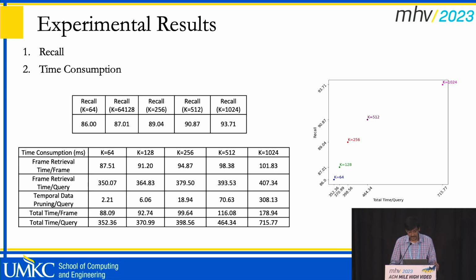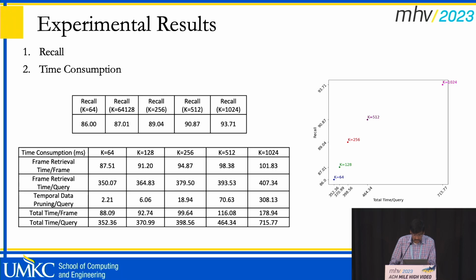Per query means, in our case, 4 frames because we represent the query as 4 frames, so per query it takes about 393 milliseconds, and the temporal data pruning takes about 70 milliseconds. In the last row, you can see the total time is about 464 milliseconds to extract the duplicate videos.